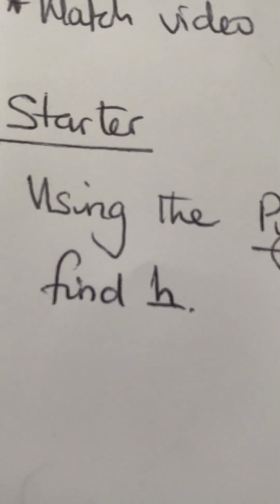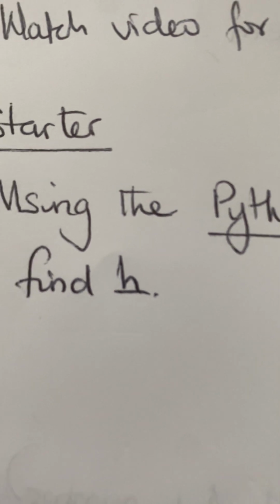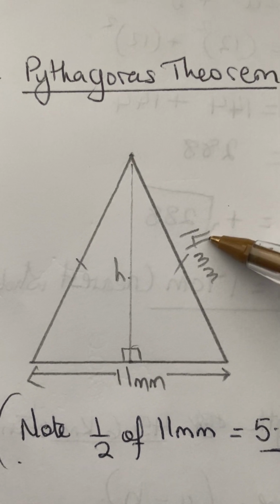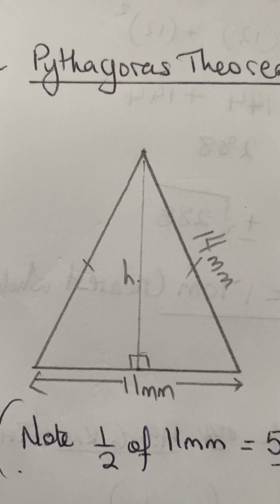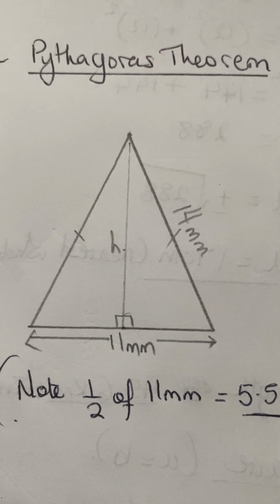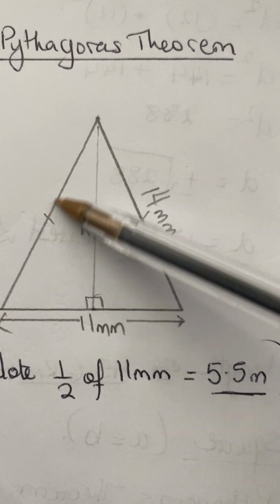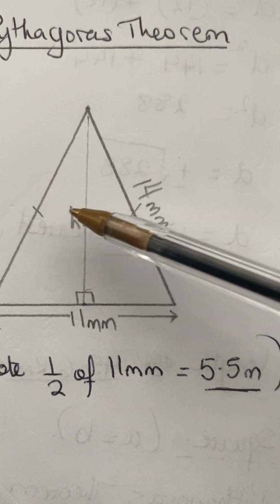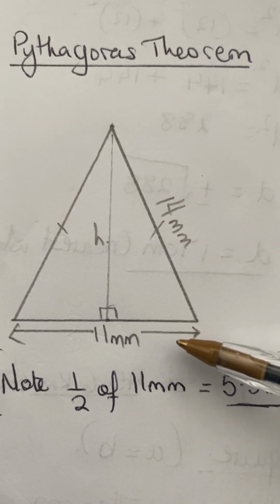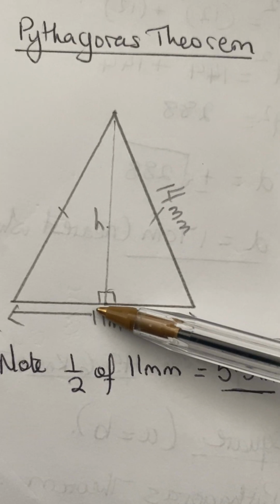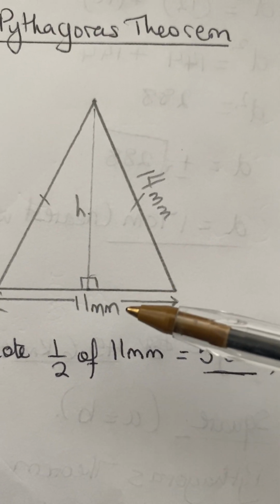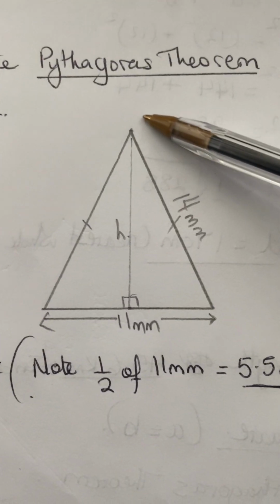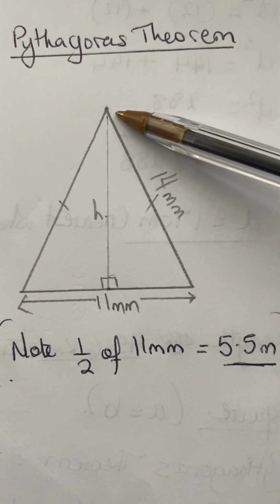Okay, now in the starter, I thought I'll bring just one isosceles problem. Now this is an isosceles triangle. Both sides are equal and it has a base. Here you are supposed to find the height of the triangle.